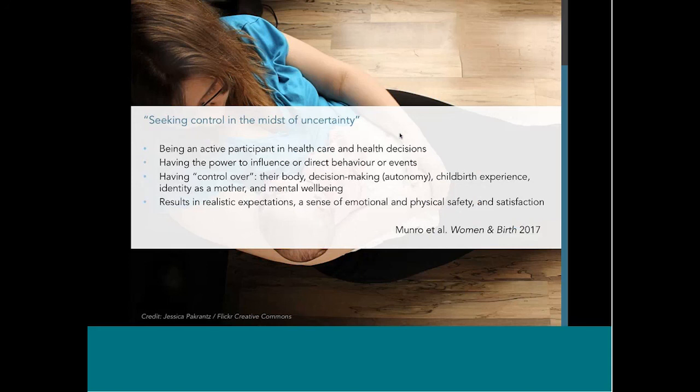This also meant having some degree of control over their body, their childbirth experience, and very importantly, their mental well-being. And this was often in response to a feeling of not having any control over their first cesarean birth experience. Being in control resulted for participants in a sense of realistic expectations for their next birth and a sense of safety and satisfaction.